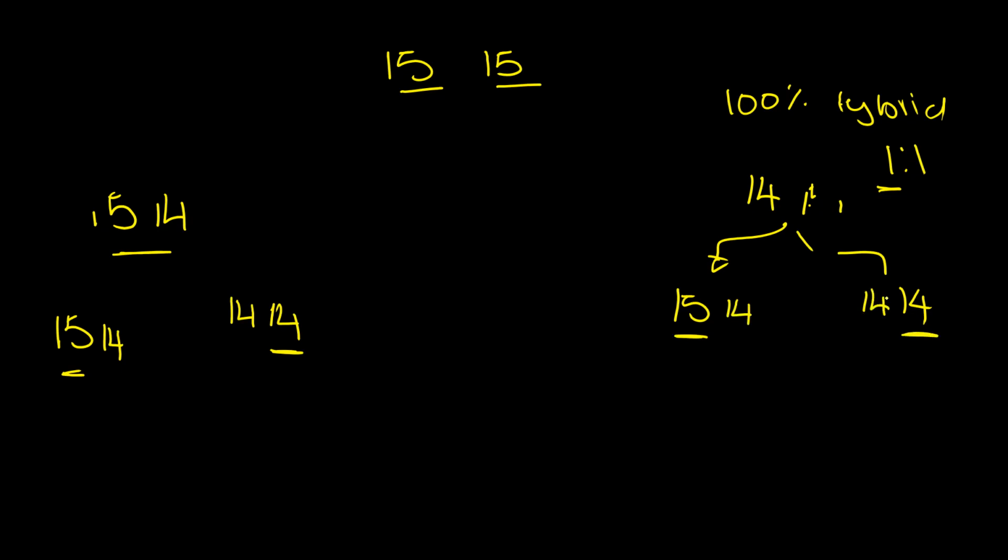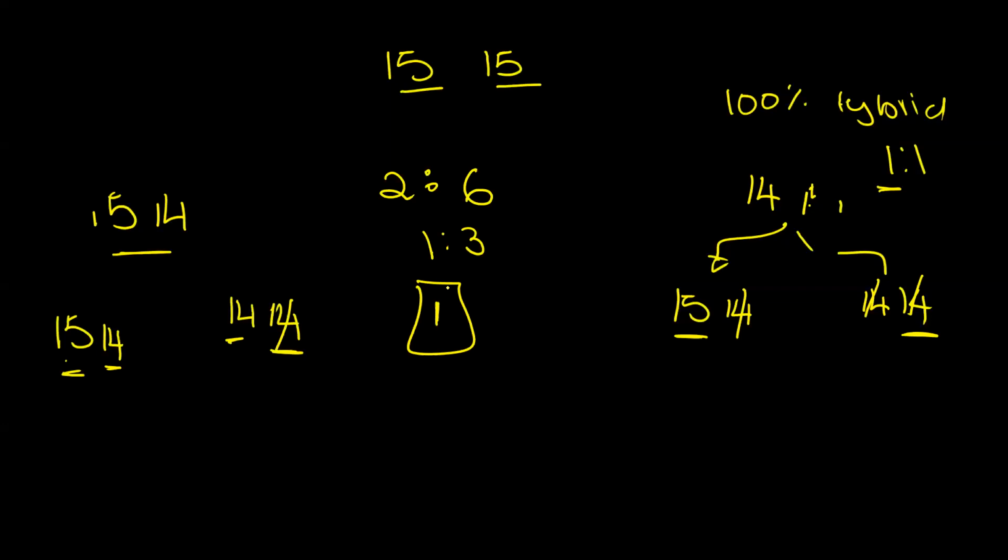Now look at the ratio of heavy to light. The heavy is always here, 15 and 15, that's 2. And the light, 1, 2, 3, 4, 5, 6. 1, 2, 3. The heavy will always have a ratio of 1 because they will always be 2. They will never increase. They will always be the original 15 and 15.